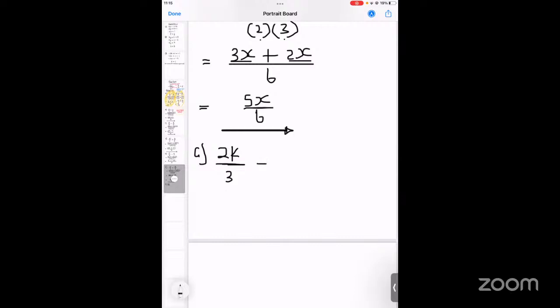Here we minus K over 2. Okay, this one, Manahil, you just work it out on your side and you will tell me what the final answer is. Based on your final answer, I will know if you've done it correctly or not.